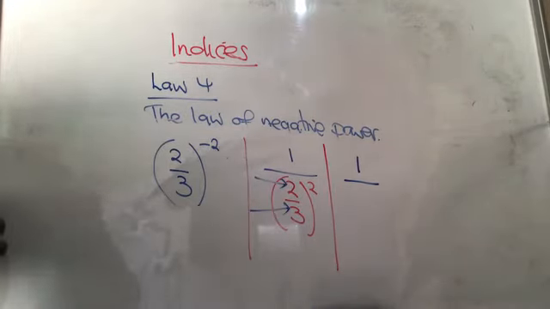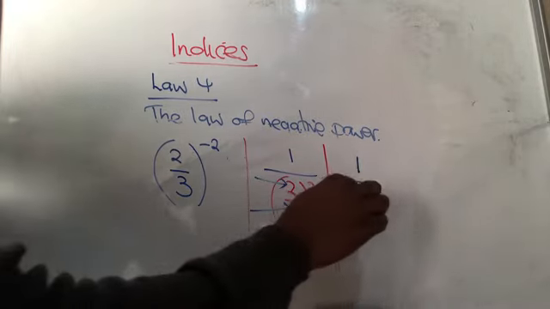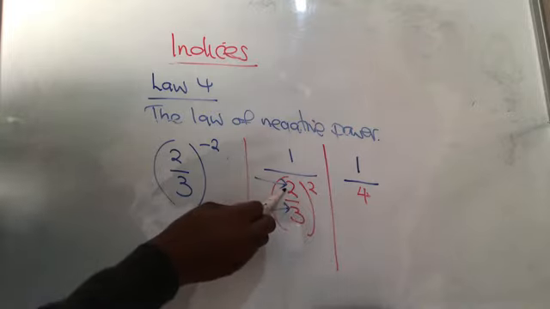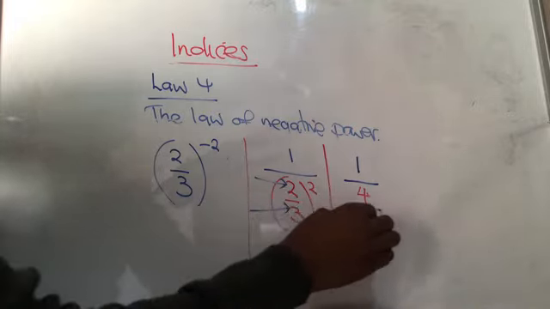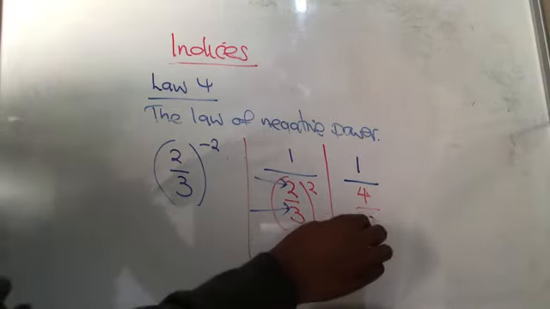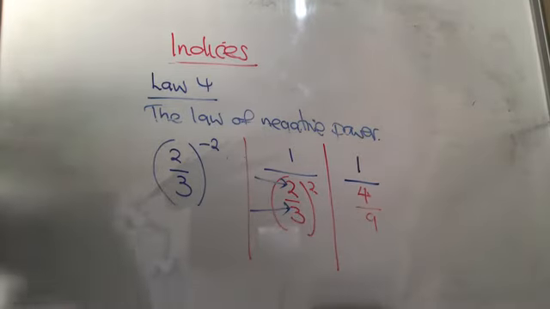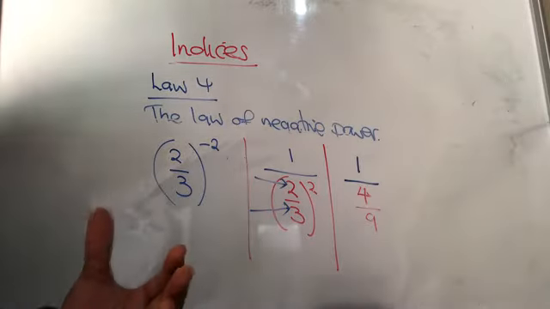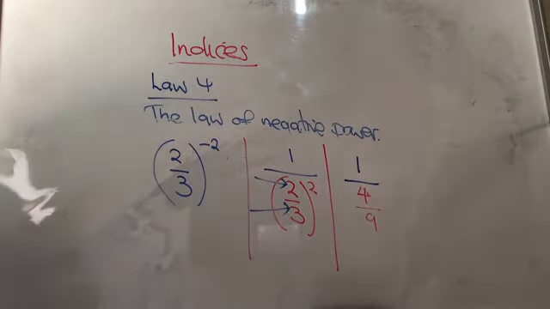So in other words, it's 2 squared, which will give us 4. Check, 2 squared is 2 times 2, that gives us 4. Over the same 2 now also affects the 3. So it's 3 times 3. 3 squared is 3 times 3. This gives us 9. Right. So this is where we are now. We are at 1 over 4 ninths.